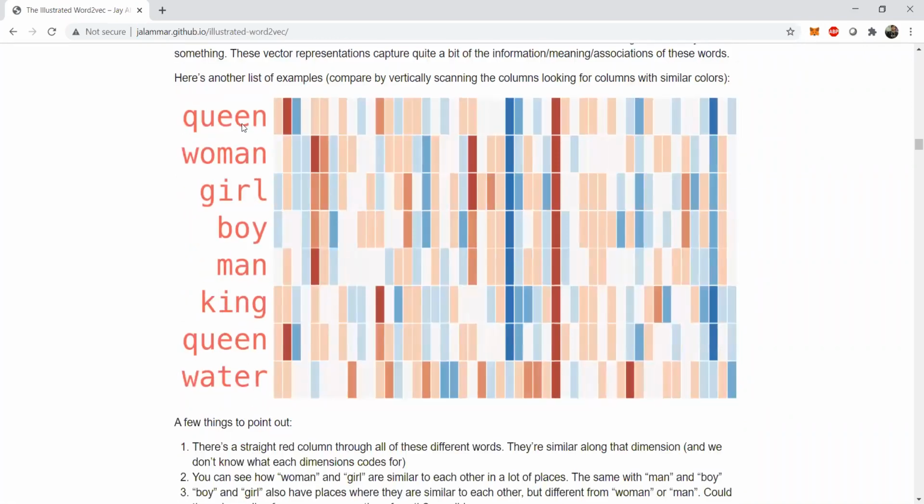And this is represented if we are analyzing different words. So in this case, if we see this cluster of words like water, queen, king, man, boy, and we analyze these colors, we will see that some colors remain almost constant, like this red hue over here, which is almost constant, and this blue hue over here, which is almost constant. These signify certain characteristics which are almost similar to all of them. But if we were to observe queen and king, this first row and this row over here, we can see that the color contrast is not much.